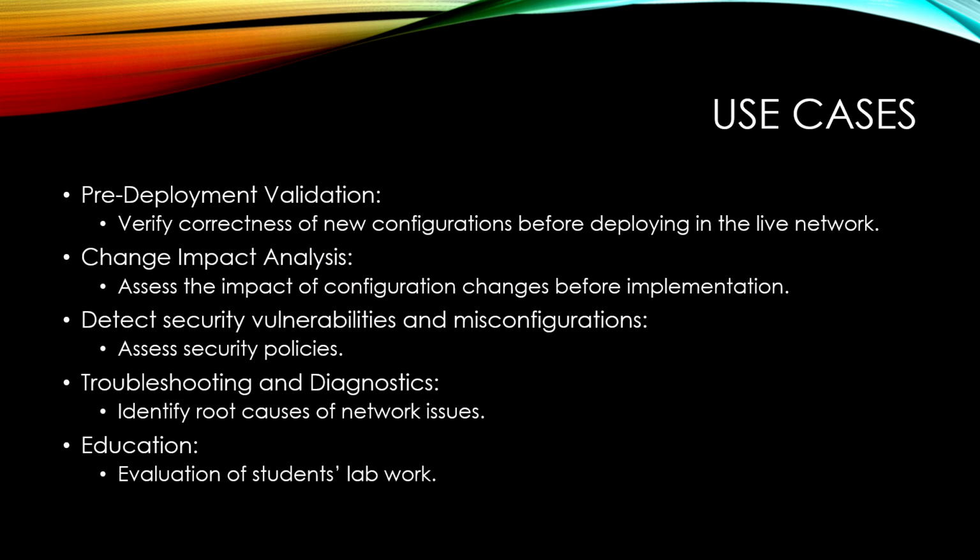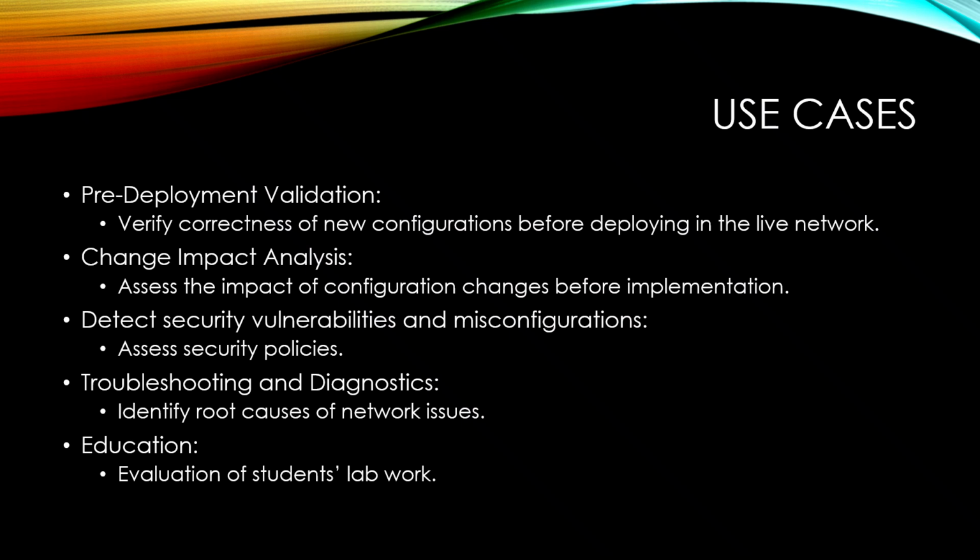So you need two sets of configuration files, the old one and the new one, and you compare them to see if any change in your routing policy had an impact on existing protocols, or if any change you made in the access list blocked protocols that you're not supposed to block, or allowed protocols and destinations, or sources, that you're not supposed to allow. So you compare two sets of configuration files.